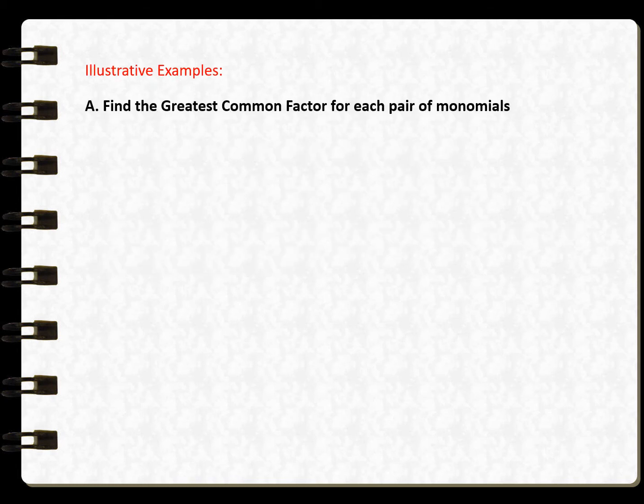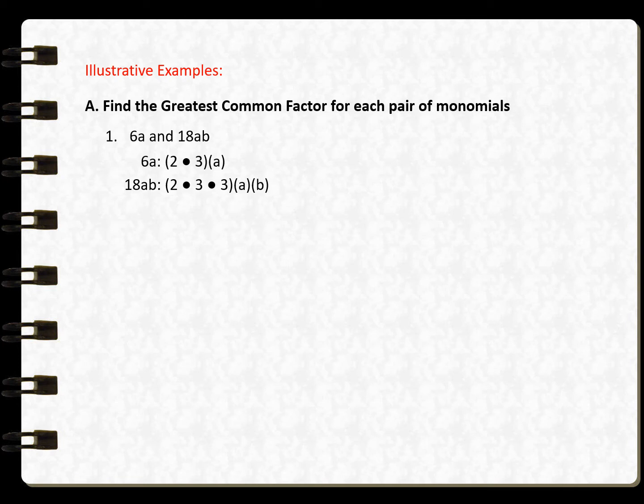Example. Find the greatest common factor of each pair of monomials: 6a and 18ab. So what is the GCF? So 6a gives us 2 times 3, that is the factors of 6, and then times a. While 18ab, the factors are 2 times 3 times 3 times a times b.